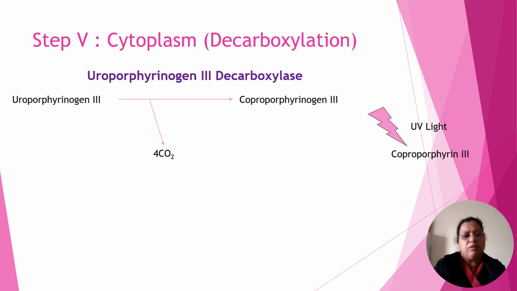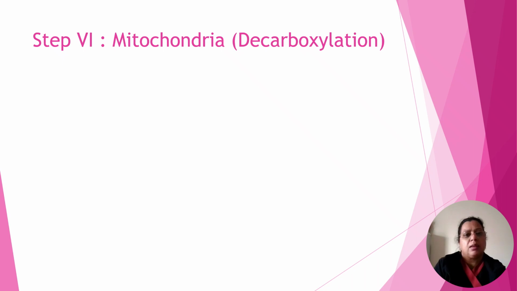This coproporphyrinogen 3, when exposed to ultraviolet light, gets converted into coproporphyrin, and it is responsible for the symptoms of photosensitivity in the porphyrias. Now this coproporphyrinogen 3 then finally moves into the mitochondria. Coming on to step number 6, which occurs in the mitochondria, again it's a second decarboxylation.